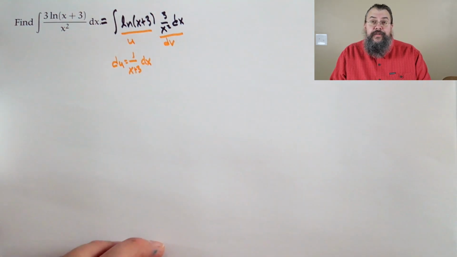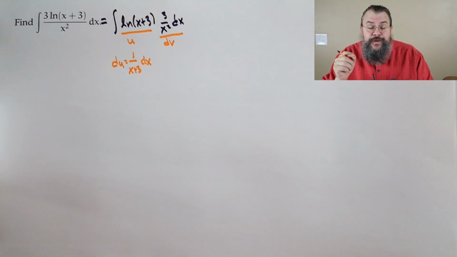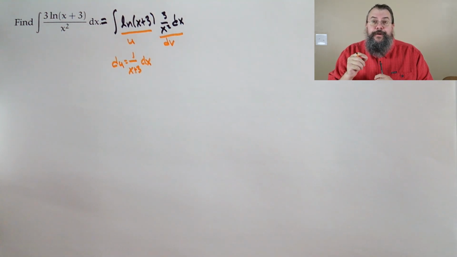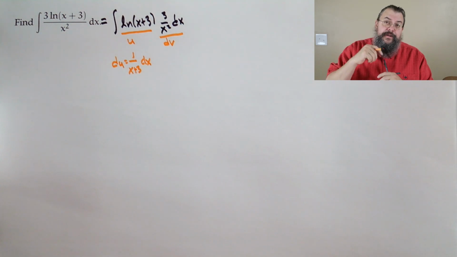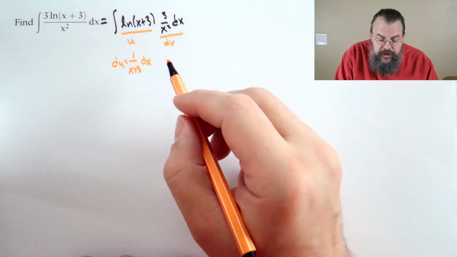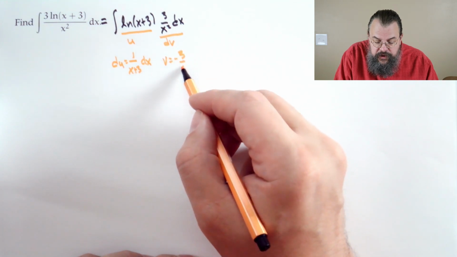If you integrate 3 over x squared, you can think of it as 3x to the minus 2. What would that be? Well, you add 1 to the power, so it'd be 3x to the minus 1, but then you would divide by that minus 1. So what you'd end up with is that v is minus 3 over x.